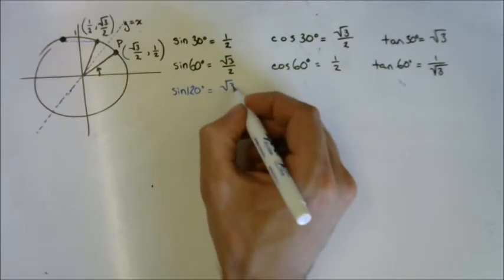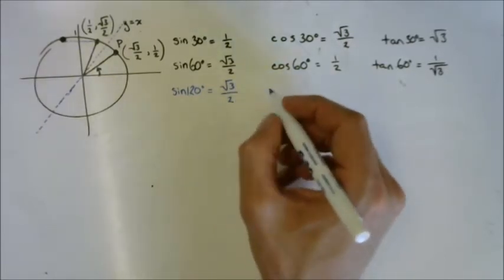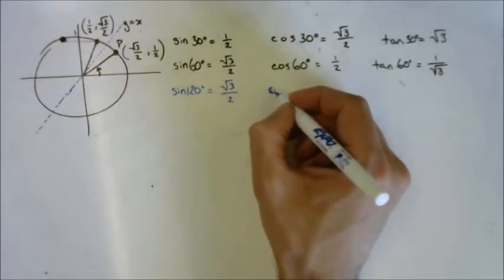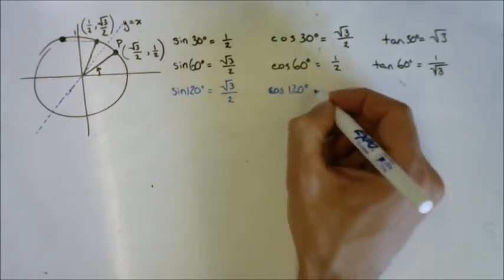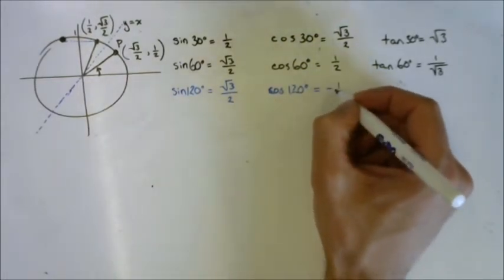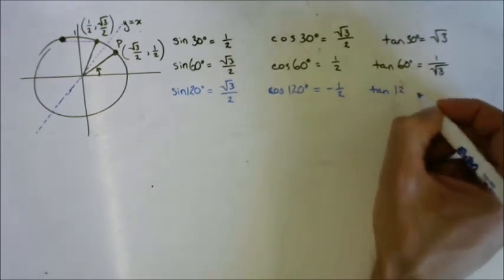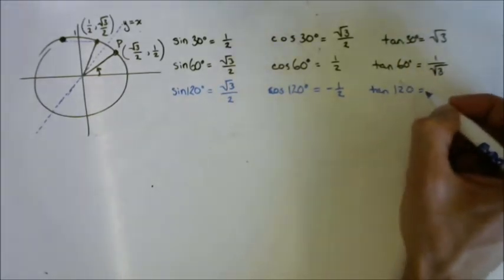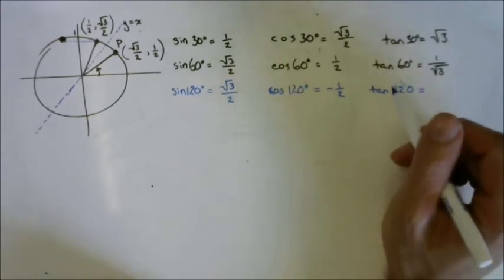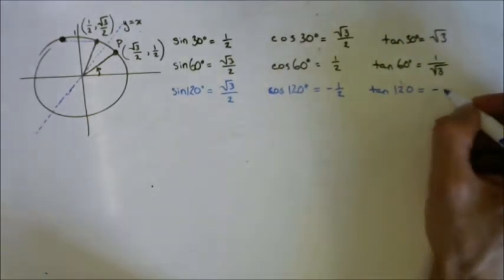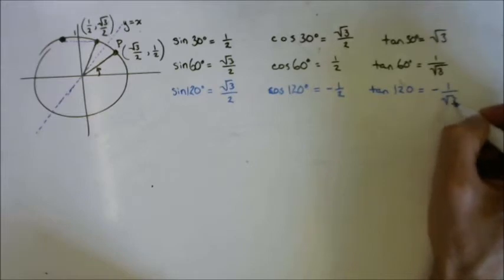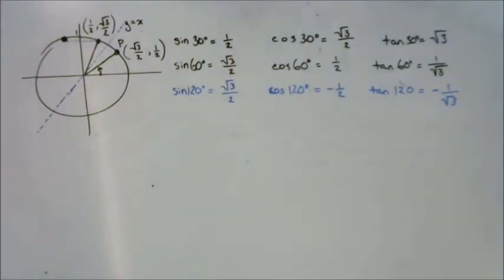That's radical 3 over 2. The cosine of 120 degrees is going to be negative 1/2. And what's that going to do to the tan of 120 degrees? Well, it's going to be the same as the tan of 60, just negative. Negative radical 3. Okay?